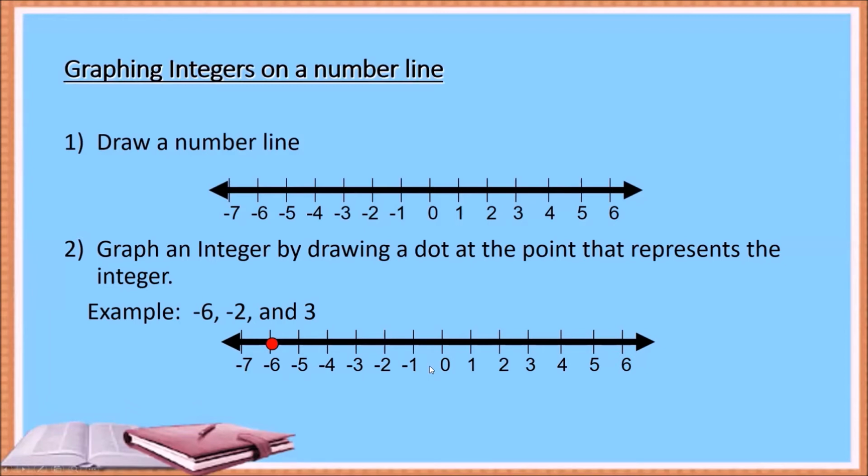Sa tapat ng negative 2 natin, ipe-place at i-draw ang dot ng graph ng negative 2 and also the graph of 3 sa tapat ng 3 sa right side ng 0. So this is the graph of negative 6, negative 2, and positive 3.